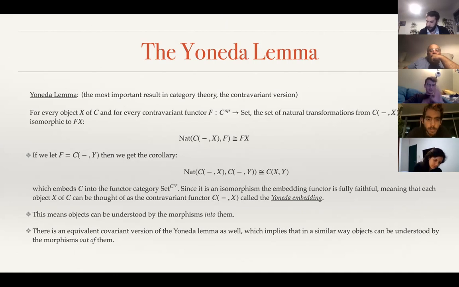For now, all it's saying is this kind of confusing statement, I'll admit, which is that the image of the functor is isomorphic to these natural transformations, which are functor maps. So it's saying that objects are isomorphic to morphisms of functors, which is weird already. It's already like two levels above.